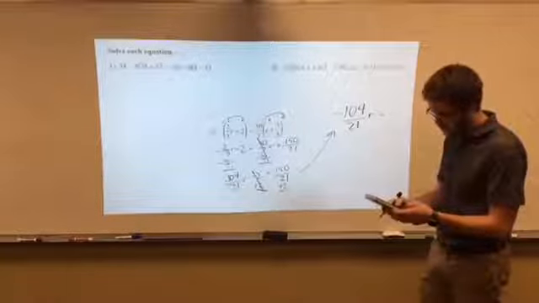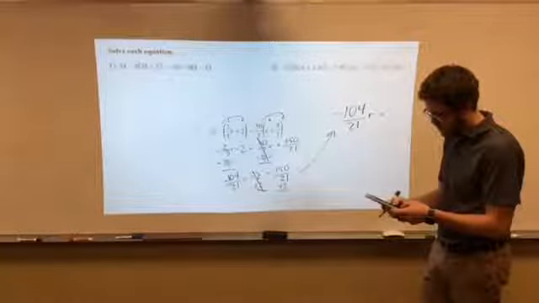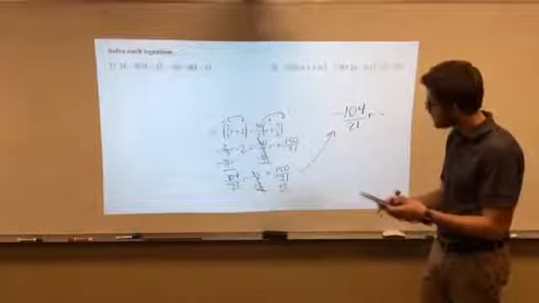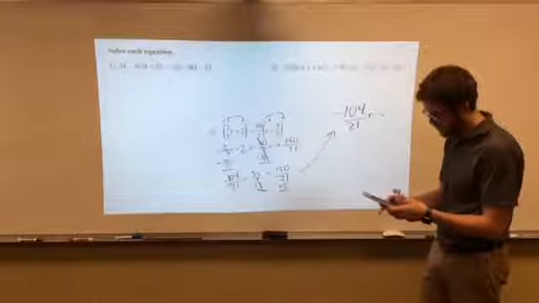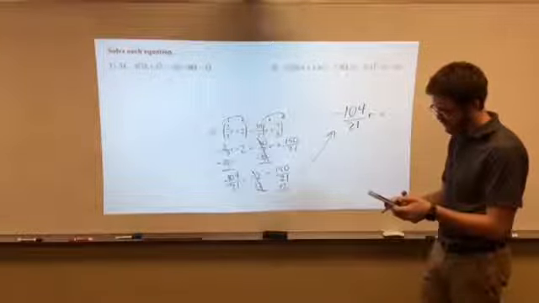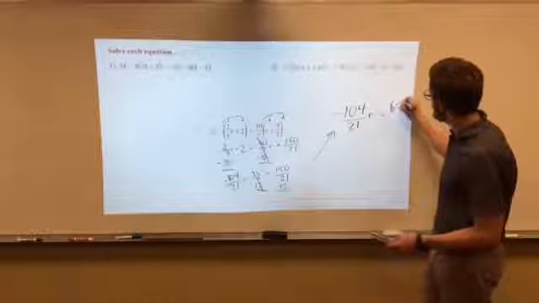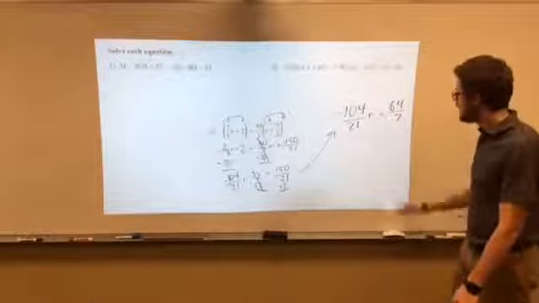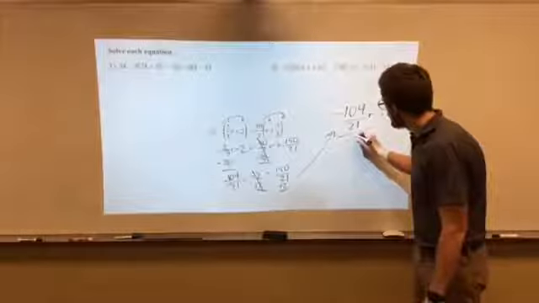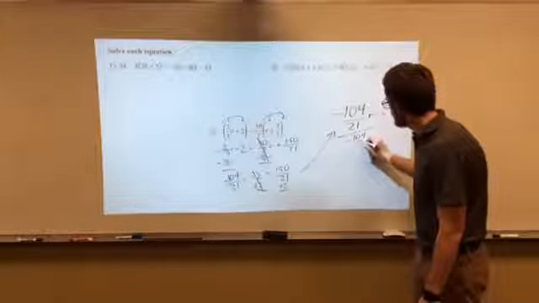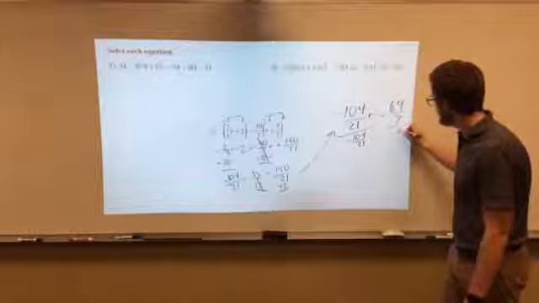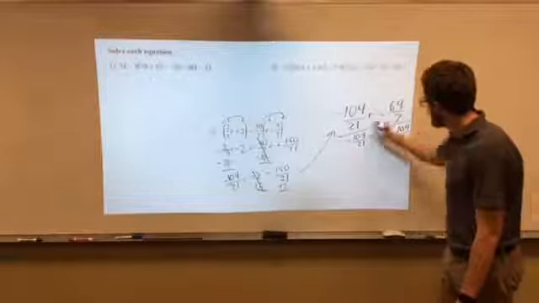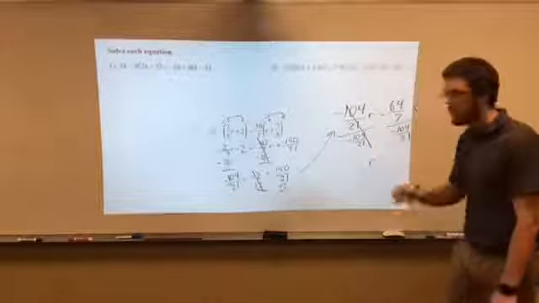And this equals 150 over 21 plus 2, which as a fraction is 64 over 7. Final step, divide both sides by this negative 104 over 21, getting our r all by itself.